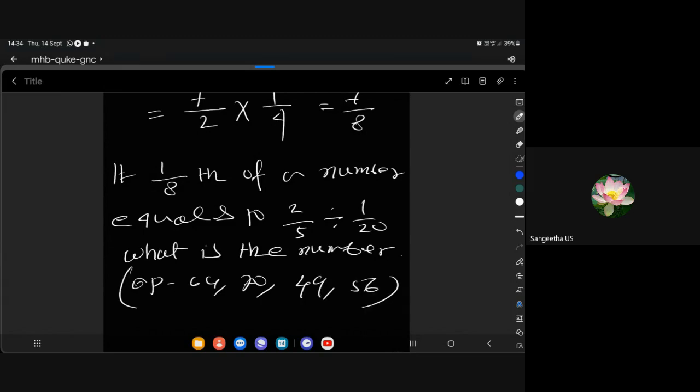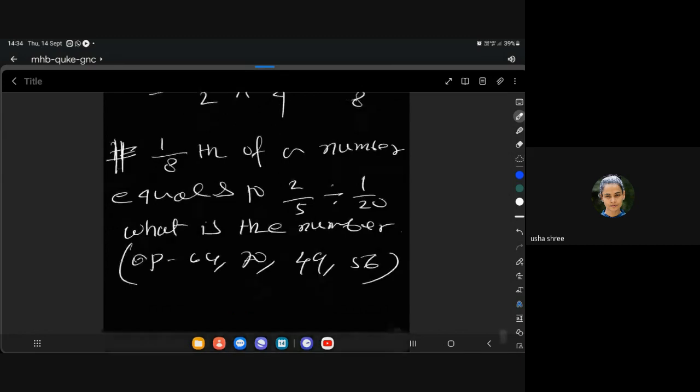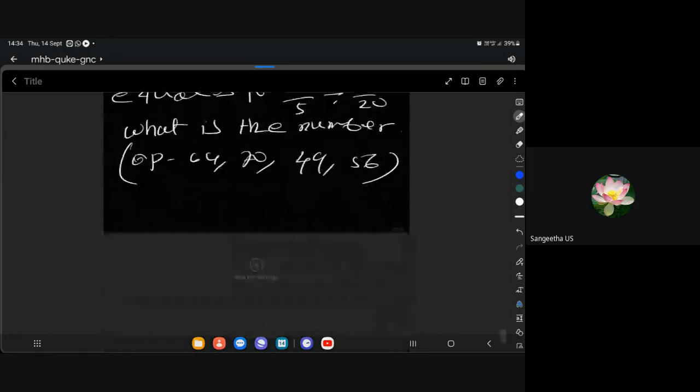Okay, these are the options. See, 1 by 8 of a number equals to this one, 2 by 5 divided by 1 by 20. What is the number? 64, bhaiya. Okay, 64, right?